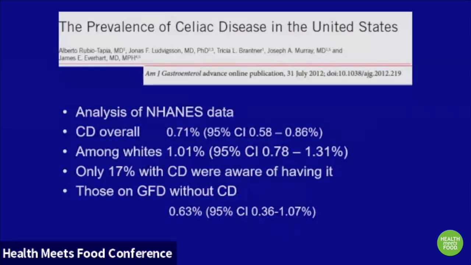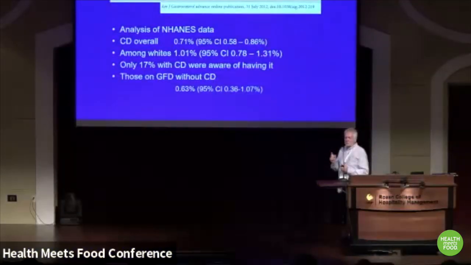And how do we find out how common celiac disease actually is? Well, you're probably all familiar with NHANES, which is the National Health and Nutrition Examination Survey, in which they take about 5,000 average Americans and interview them, examine them, take bodily fluids, etc. And so for a period of time, they were asking the NHANES participants, do you have doctor-diagnosed celiac disease, or are you on a gluten-free diet?